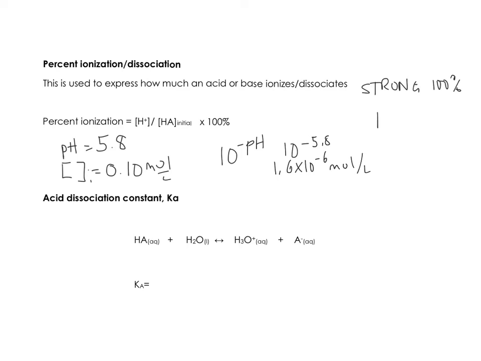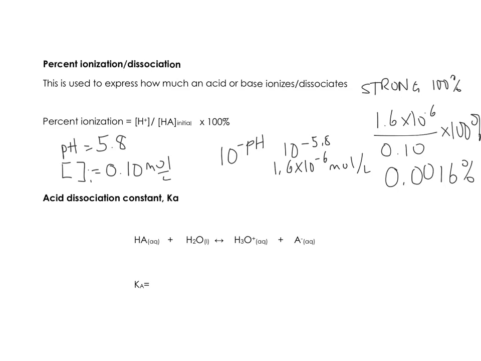So if I put 1.6 times 10 to the negative 6 over 0.1, moles per liter cancel, multiply that by 100%, this acid ionized 0.0016%. A lot less than 1%.